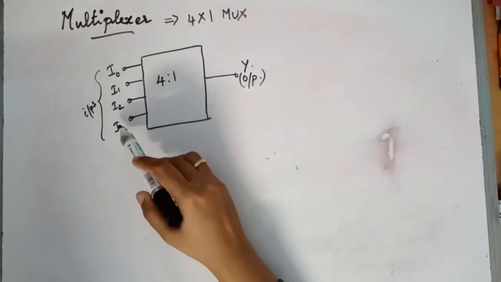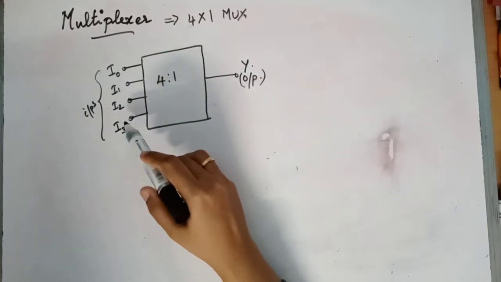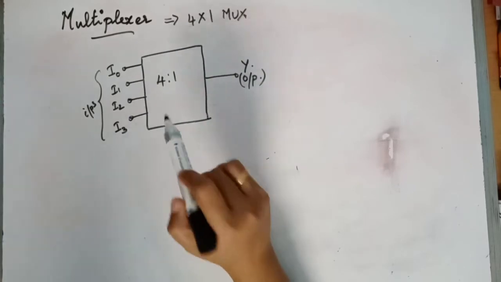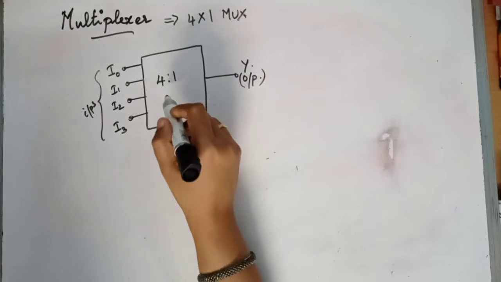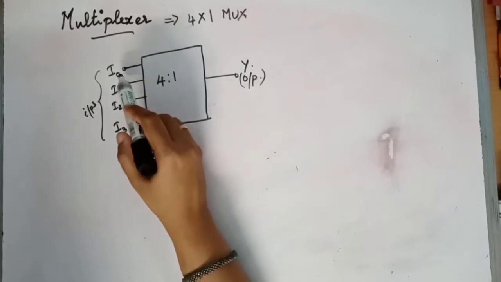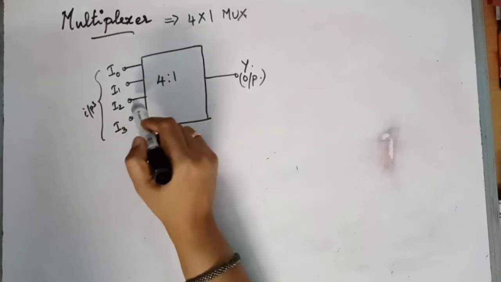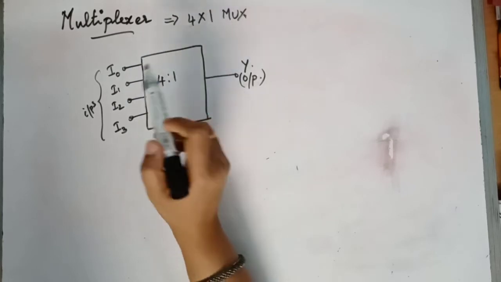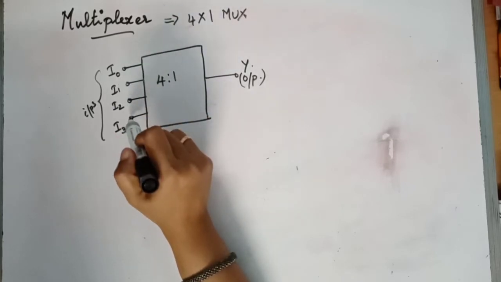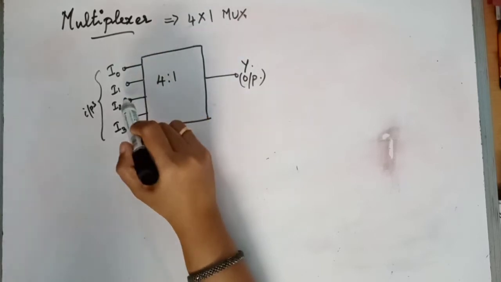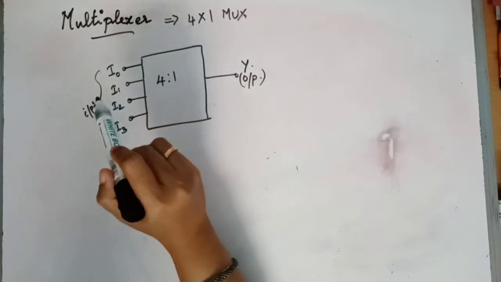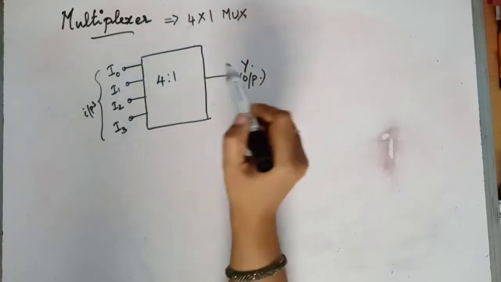So how do we decide how many inputs should be there? And what does a multiplexer do? What a mux does is that you have many inputs, and one of these inputs is selected by the multiplexer, and whatever is there in that particular input is transferred to the output.